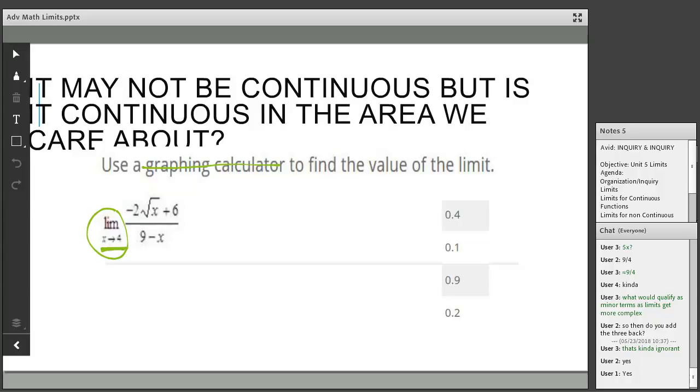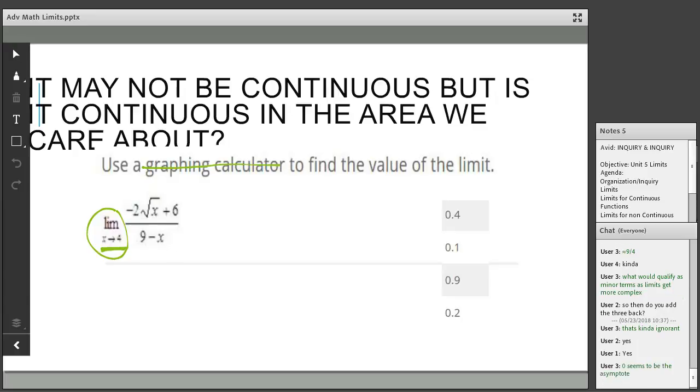So if it's continuous in the area that we care about, we're just going to treat it as a continuous function. So what would be our value of the limit as x approaches 4 for this, given that we think at x equals 4 it's continuous? And I got to say, you guys do not need a graphing calculator to do this one. We just need to put it in our thinking caps.